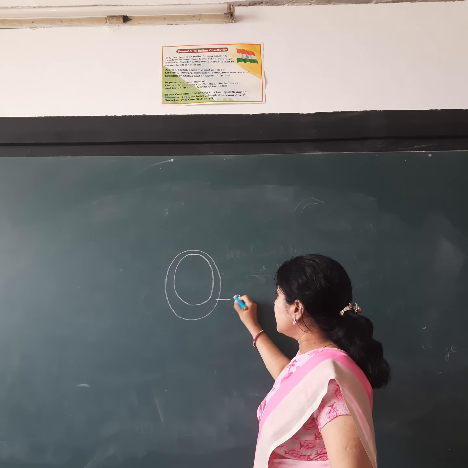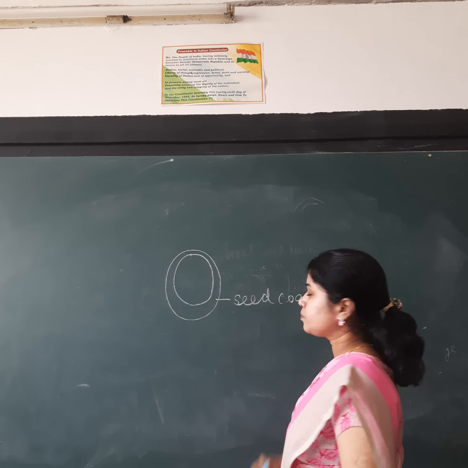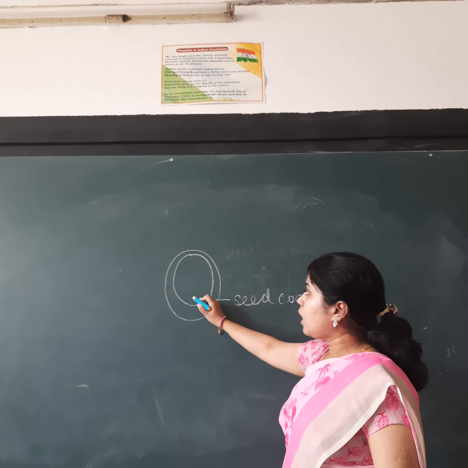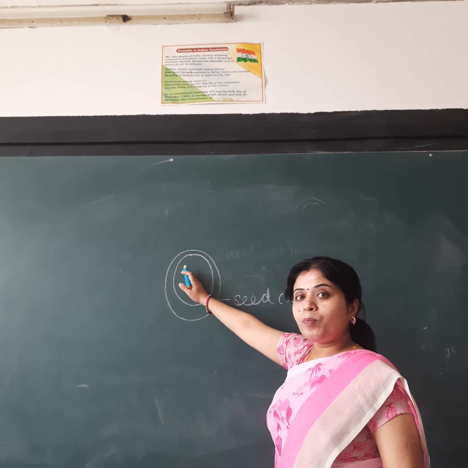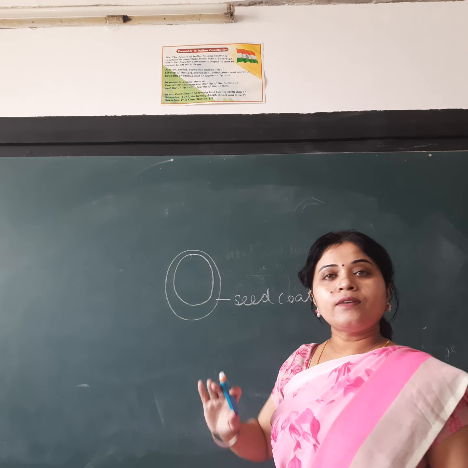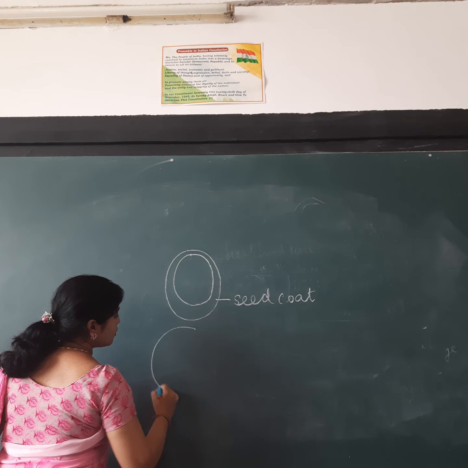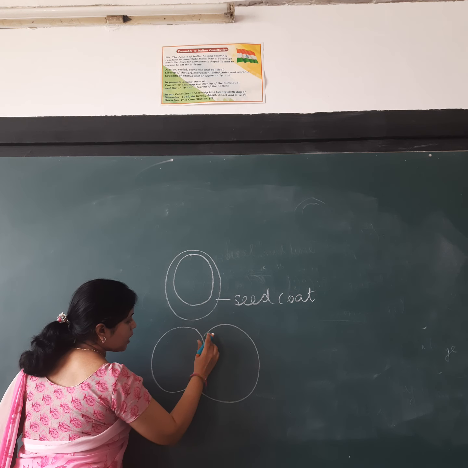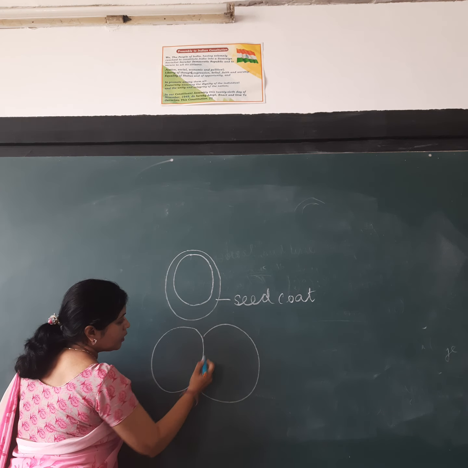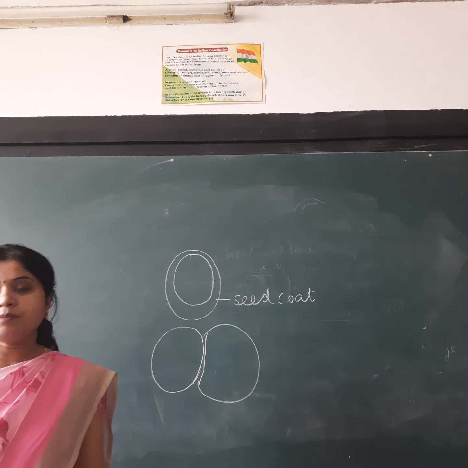This hard covering is called a seed coat. If we cut open the seed, what parts do we see in the seed? Suppose I have taken a gram seed.